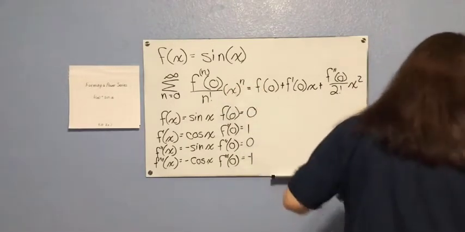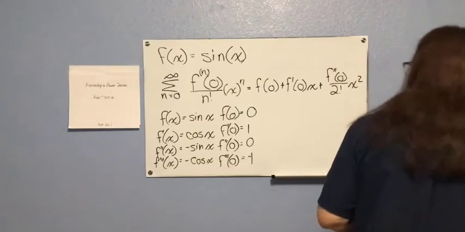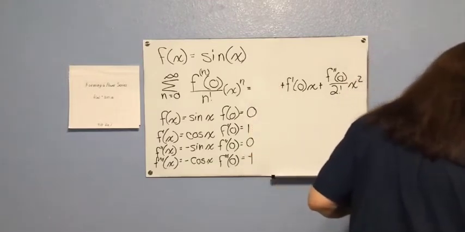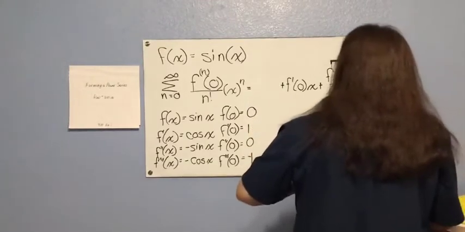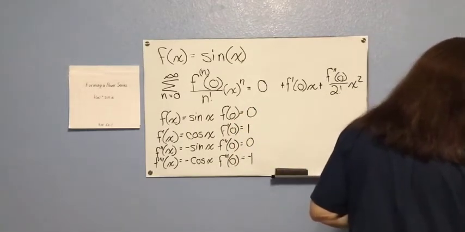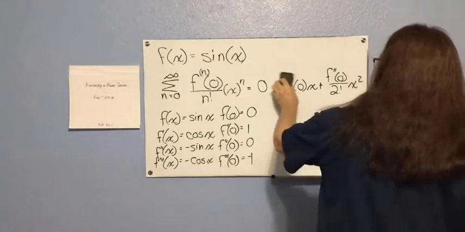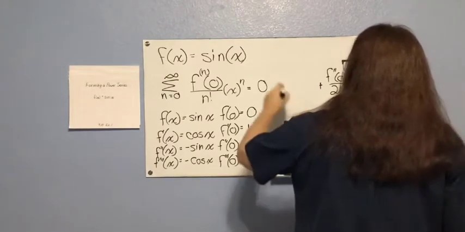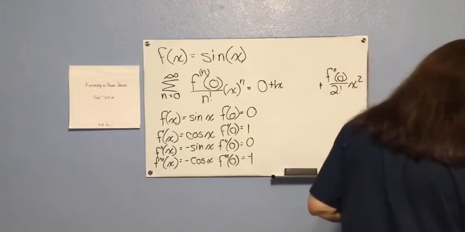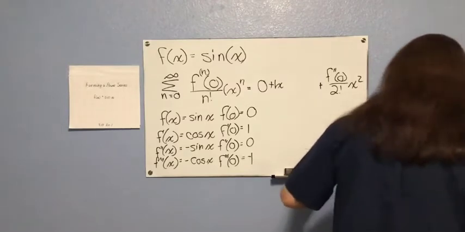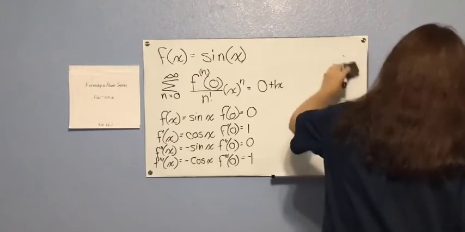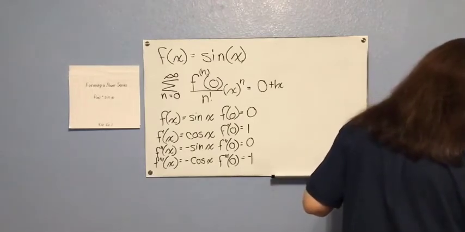And rather than write this all out again, I'm just going to replace things. f of 0 is 0. f prime of 0 is 1, so this is going to be plus 1x. And then the next one, I'm going to have 0 over 2 factorial times x squared.